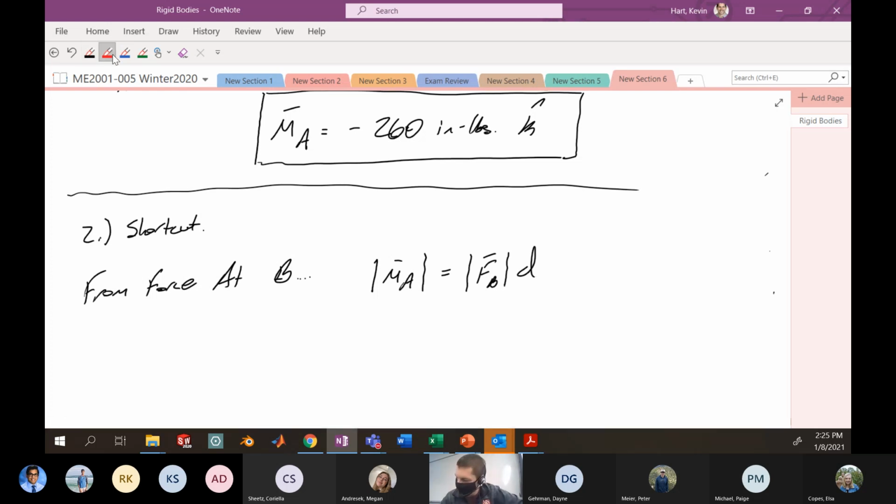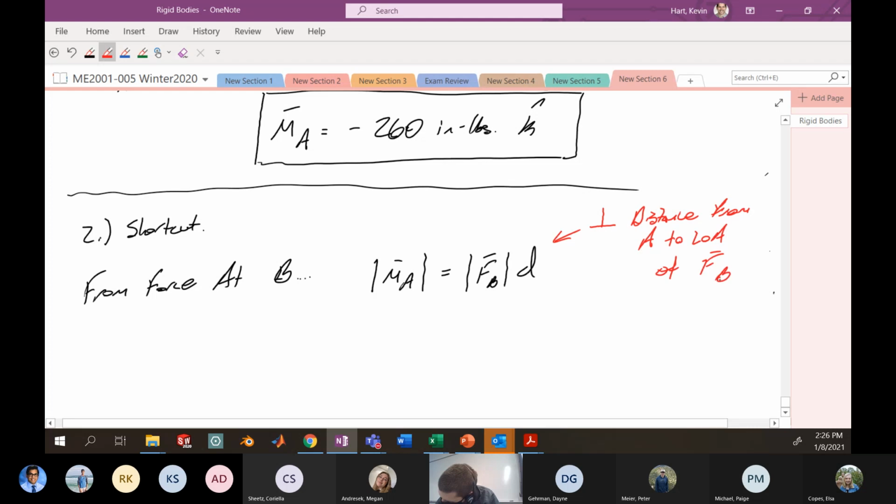And remember that this d is, let's be very particular about this, this symbol here represents perpendicular. So instead of writing it all out, I'll just use this symbol. Perpendicular distance from A to the line of action of the force at B.